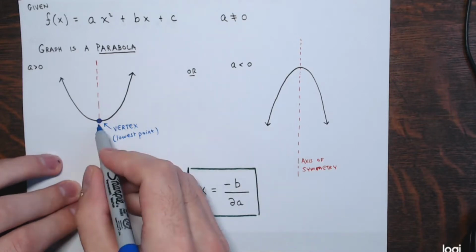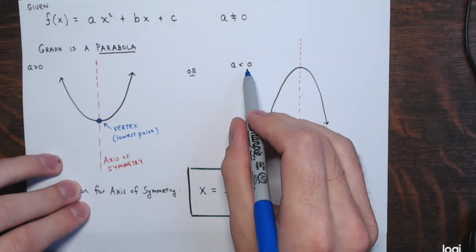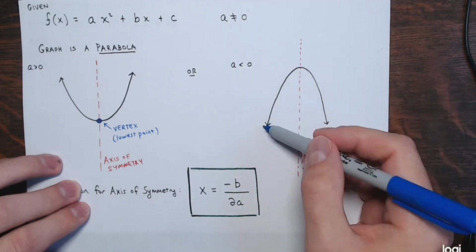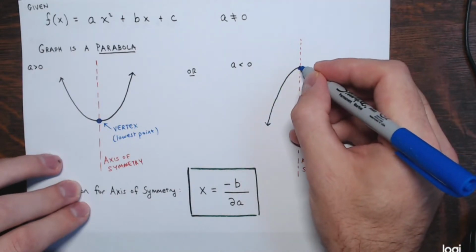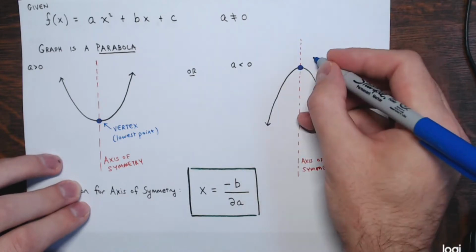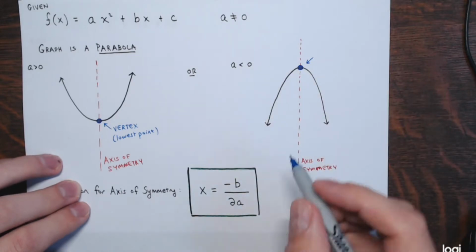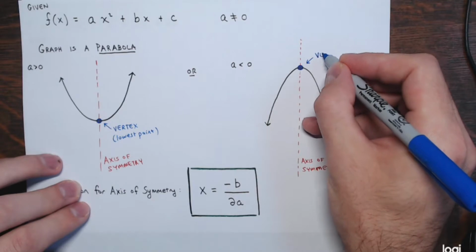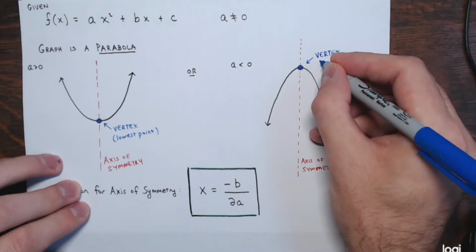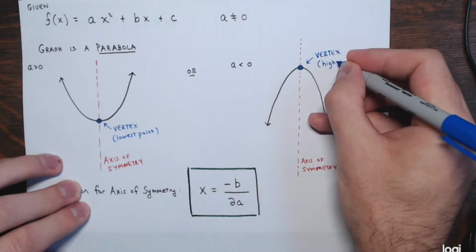It has the lowest y value, the lowest output. But when a is negative, when the lead coefficient is negative and the parabola is opening down, the vertex, this point of the parabola that's on the axis of symmetry, is the highest point, has the highest y value, the largest output.